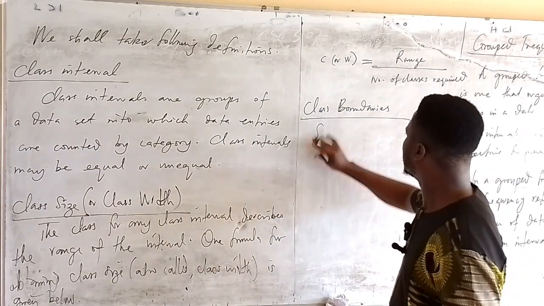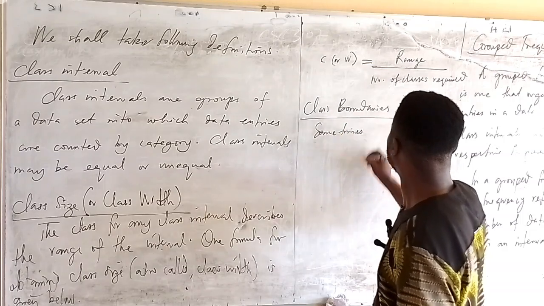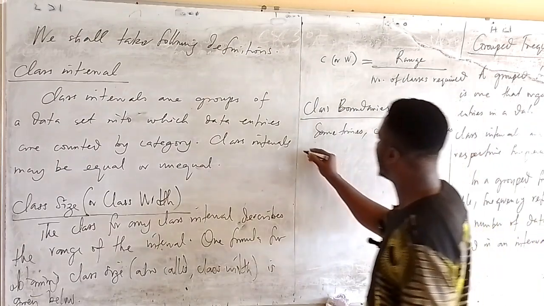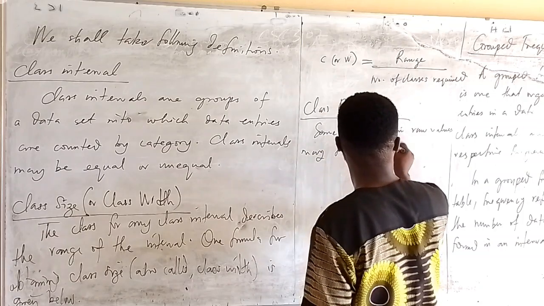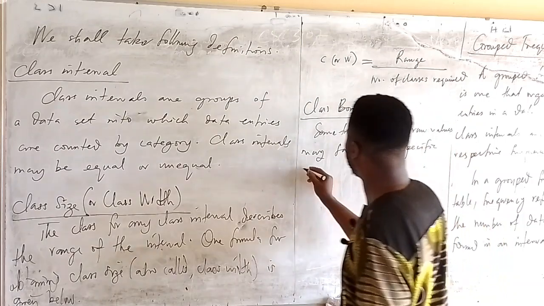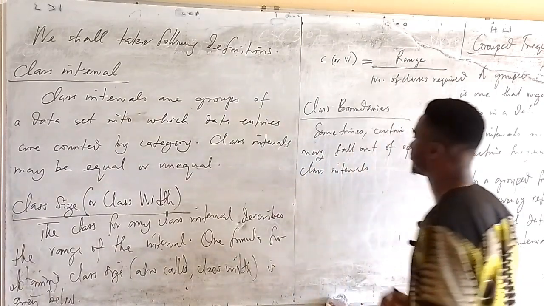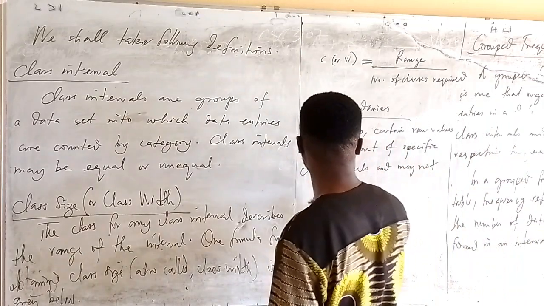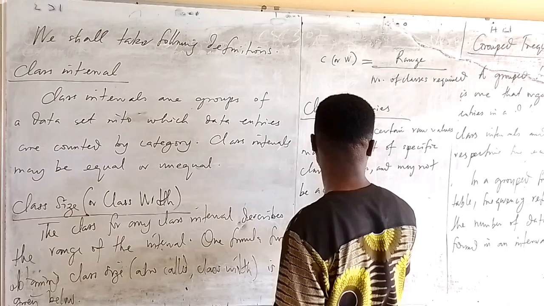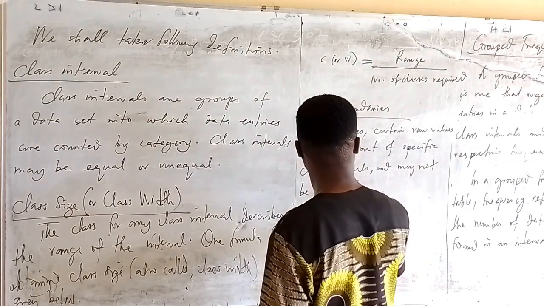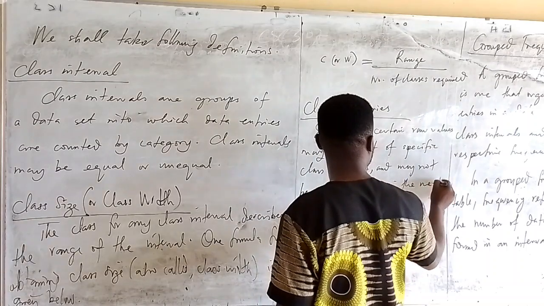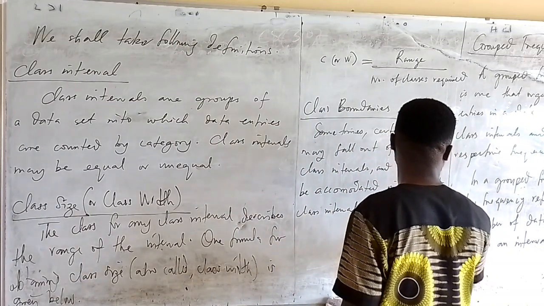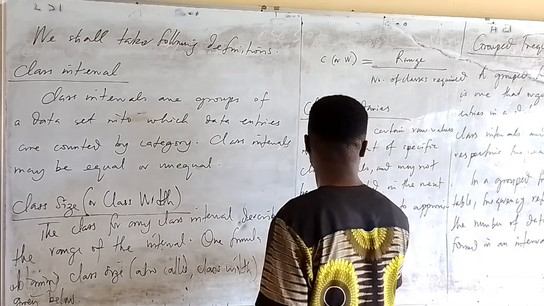Class boundaries. Sometimes certain raw values may fall out of specific class intervals and may not be accommodated in the next class interval due to approximations or other reasons.